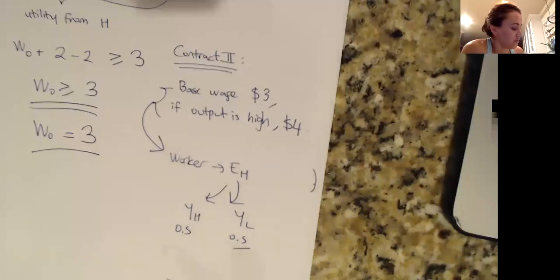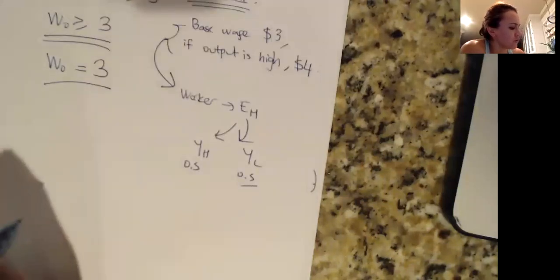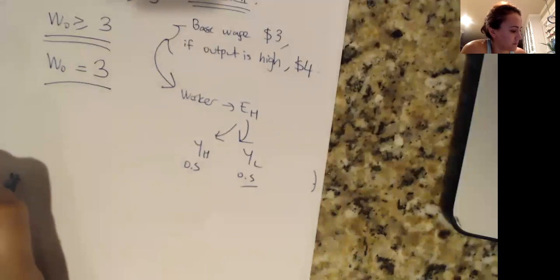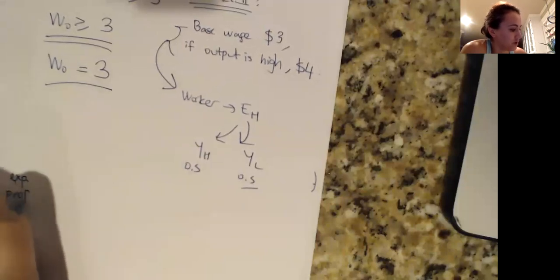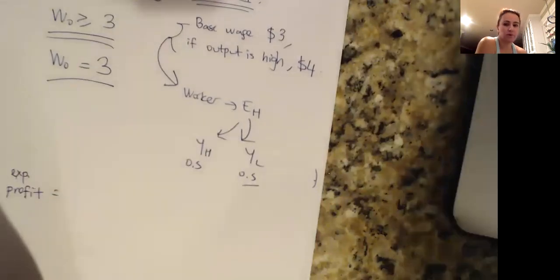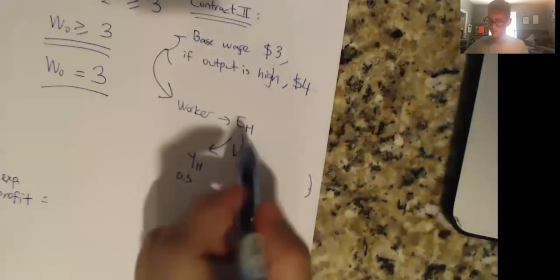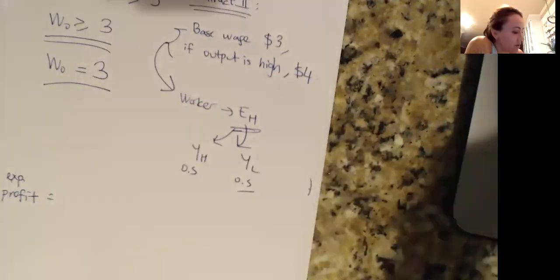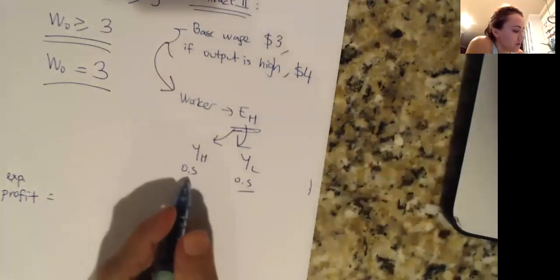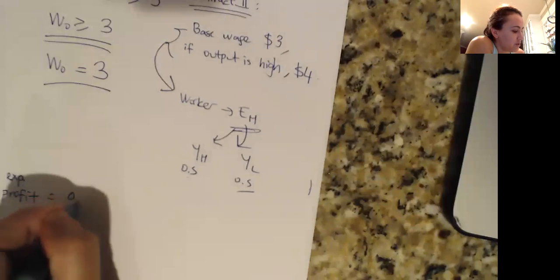Sure. So what type of worker do you have? Do you have a low type worker or a high type worker? I guess high. High type, right? And when you have a high type worker, the output is going to be YH with a probability of 0.5.